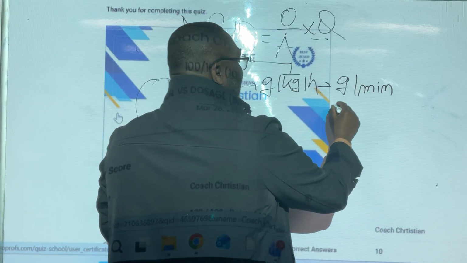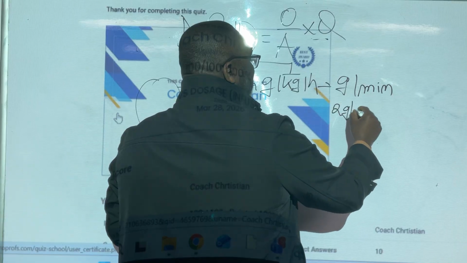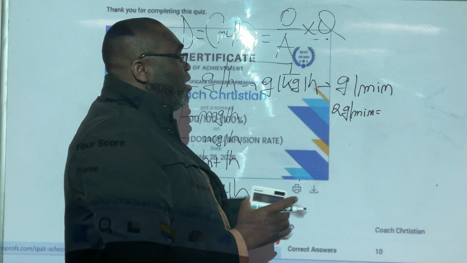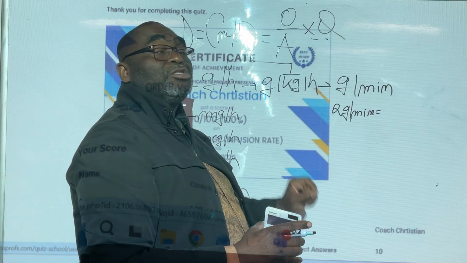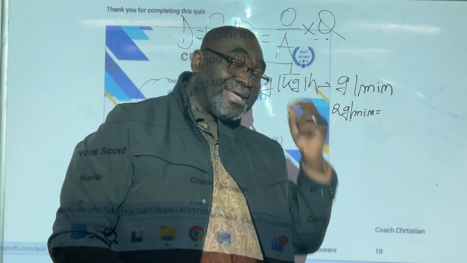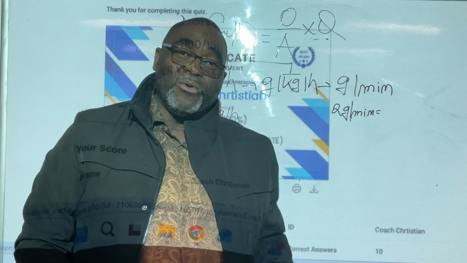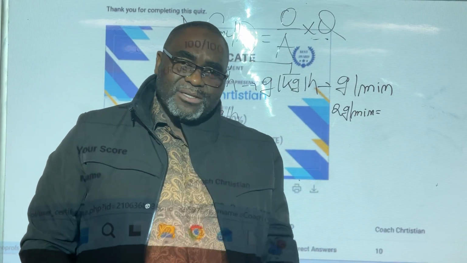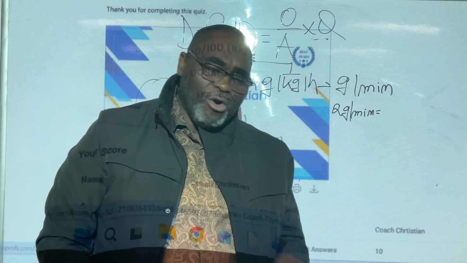For example, if you have 2 gram per minute, to convert to gram per hour, multiply the number on the top by 60. You don't want to ask where the 60 comes from. Even if I explain now, we'll spend all day. Just learn it, listen to me, and you're always going to be well on your way.